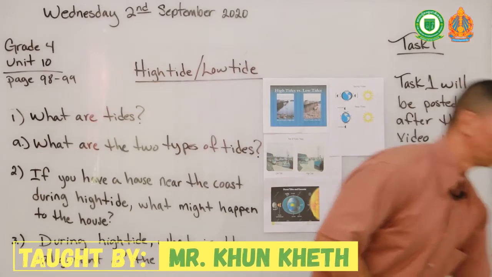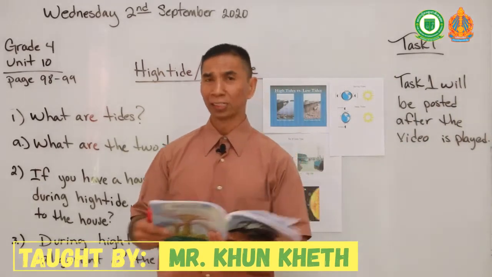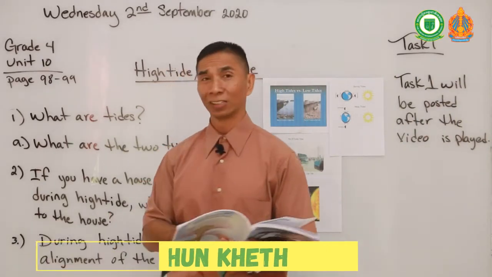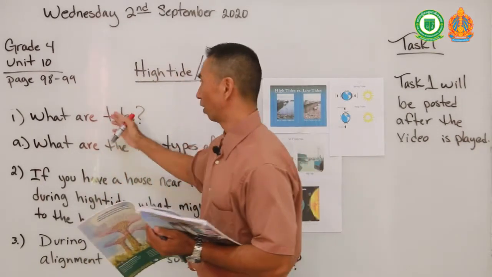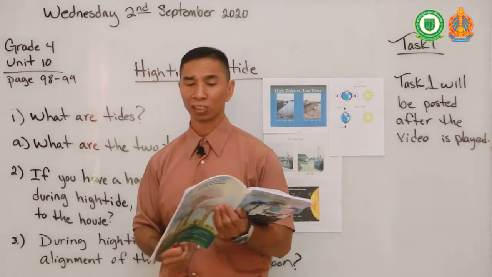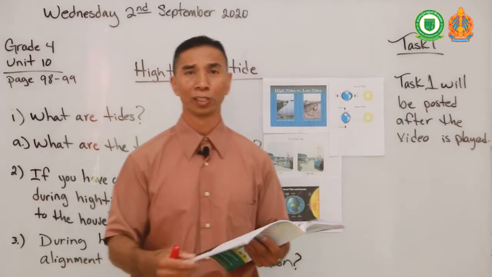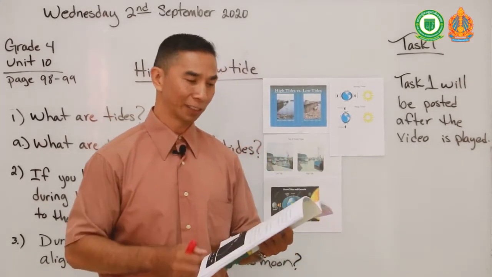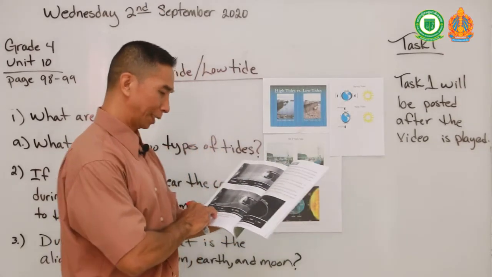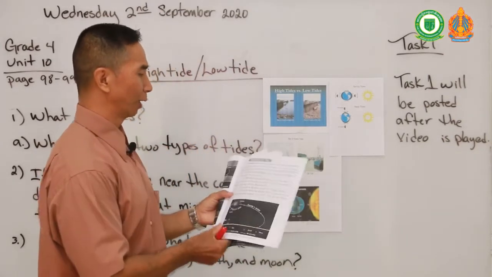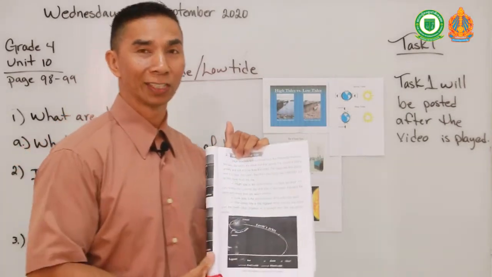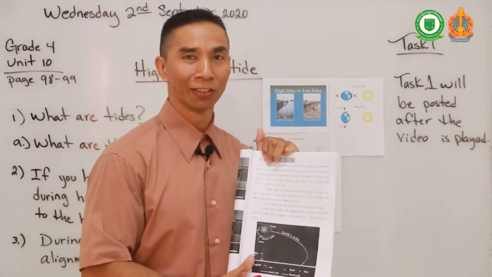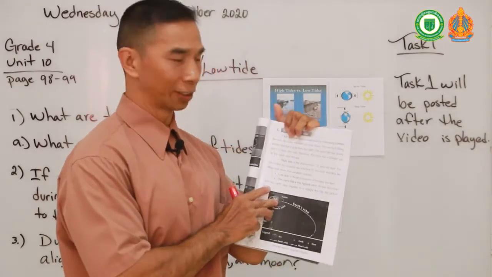Okay, class, can you bring out your book and turn to page 98? While I'm waiting for you to turn your book, some of you might already answer me this question. What are tides and what can you do during high tides and low tides? On page 98, entitled High Tides and Low Tides, it is the continuation from last week's lesson, which we discussed earlier before the video started.